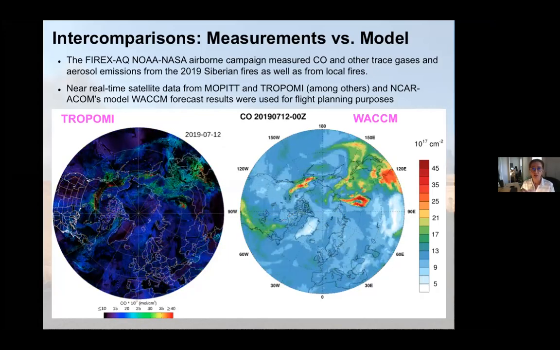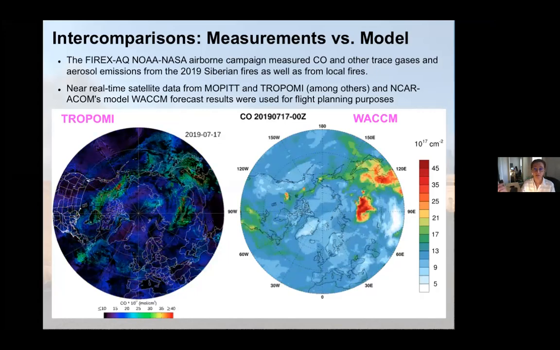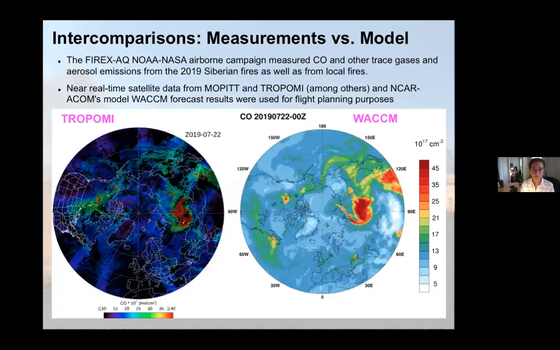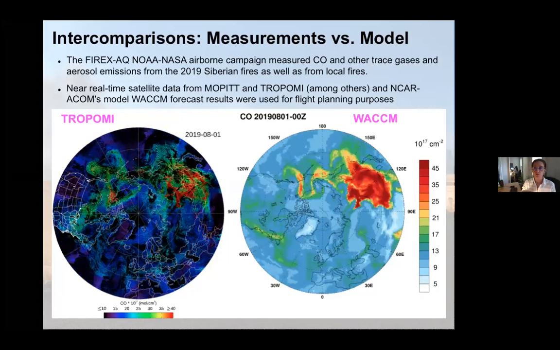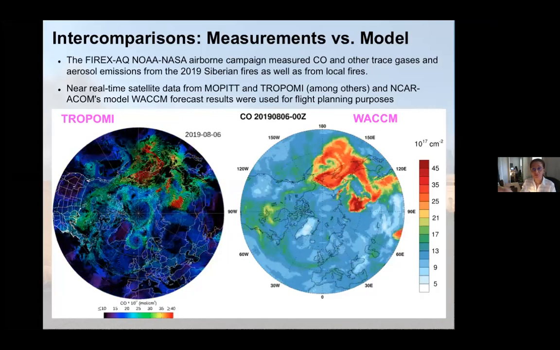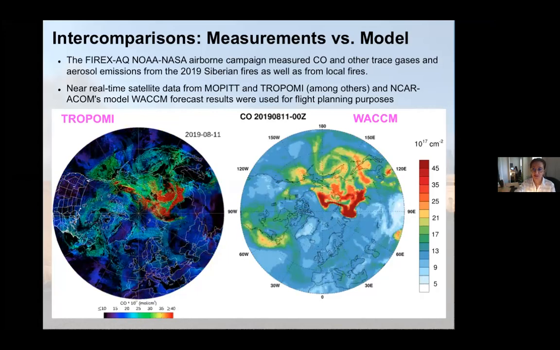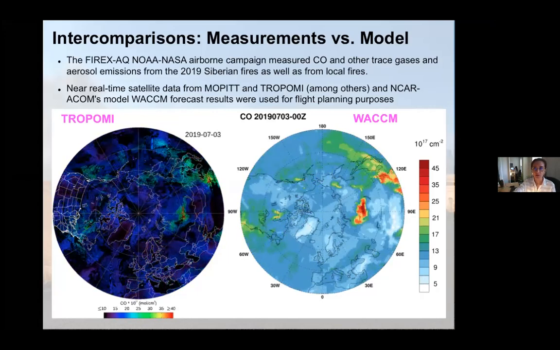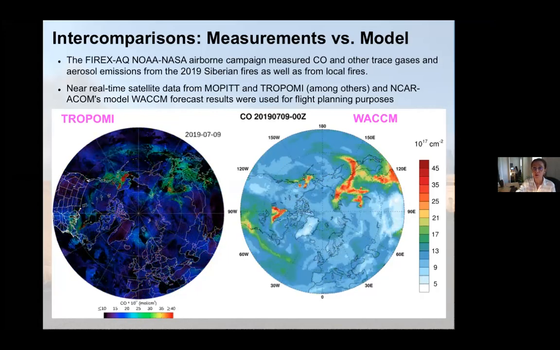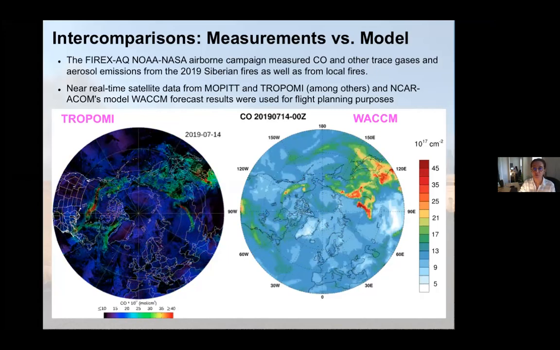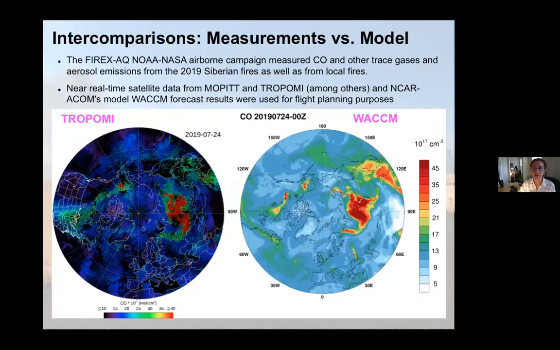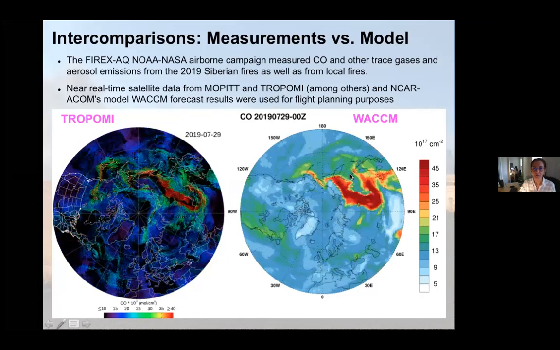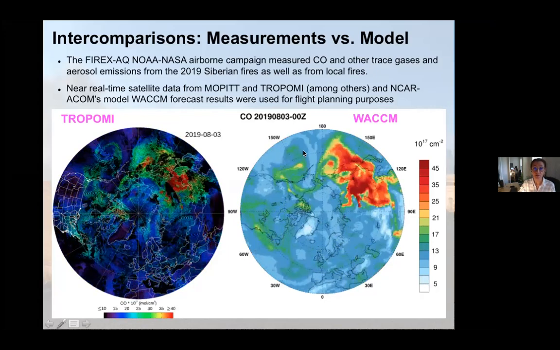In these airborne campaigns, they use satellite data and models to know where to send the planes to chase, in this case, fire plumes. It's quite remarkable how well the model and the TROPOMI data agree in this case. Even though the colors are slightly different, you can see that the shape, the location, and the size of the plumes are remarkably similar.